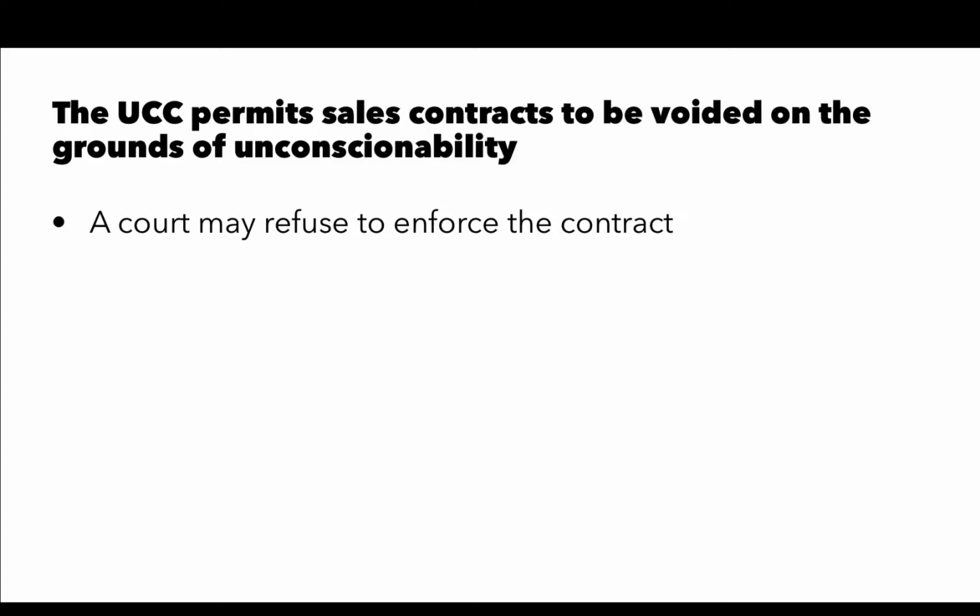Now, unconscionability is hard to prove, in large part because courts are not meant to look at whether the contract was a good idea or a bad idea. Instead, they look for things like offer, acceptance, and consideration to know that the parties must have intended the contract.